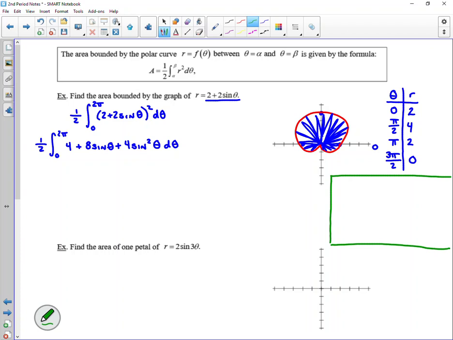The cosine squared minus sine squared, but this is the other way and this is the other way. If I solve for cosine squared here, then I'll get cosine of 2 theta plus 1 all divided by 2, right?